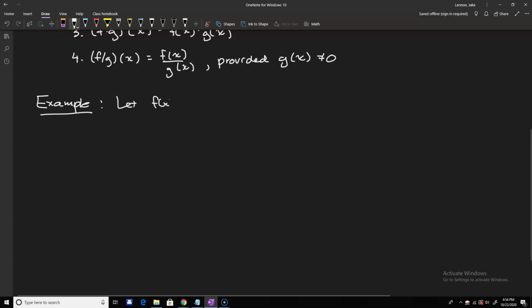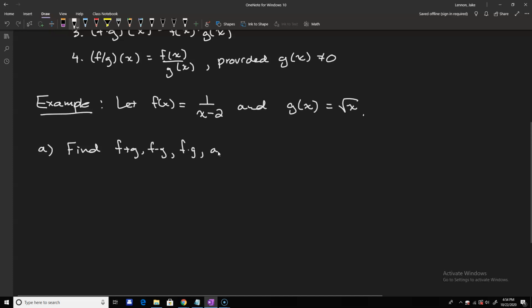Let f of x equal 1 divided by x minus 2, and g of x equal the square root of x. Let's start by finding all of those four functions: f plus g, f minus g, f times g, and f over g.